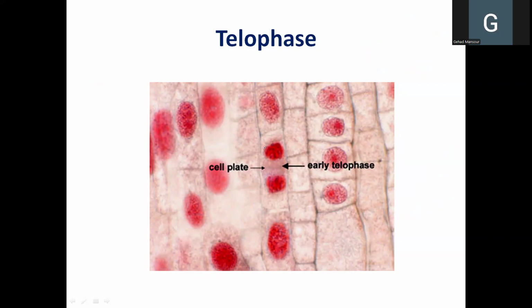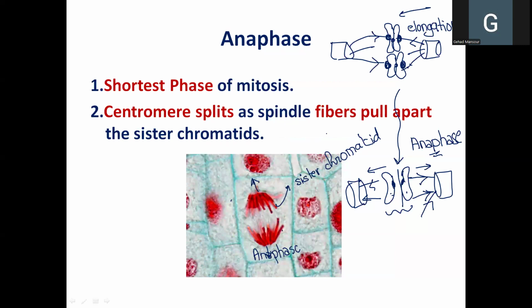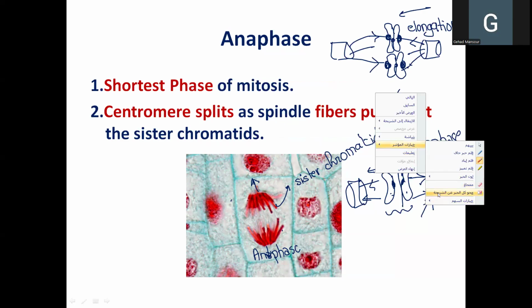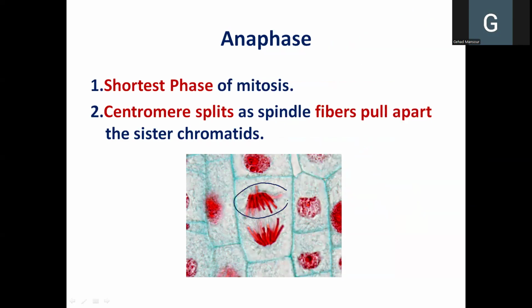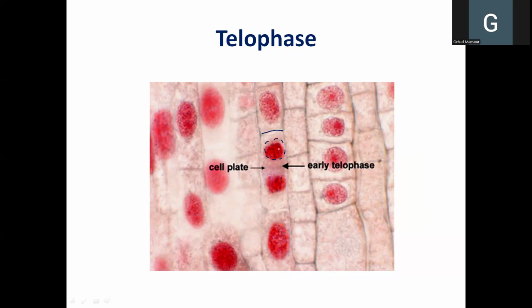We will start reforming the cell membrane and reforming the nucleolus, but most importantly, there should be some kind of separation, because now, as you can see in anaphase, by this separation that occurred between the sister chromatids, we have now two identical sets of single DNA molecules. So we are now ready to have two nuclei, and karyokinesis is almost complete.